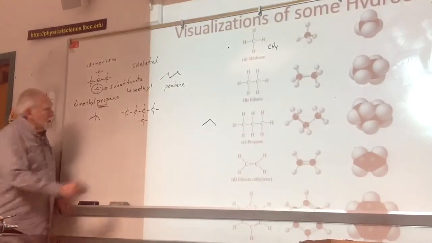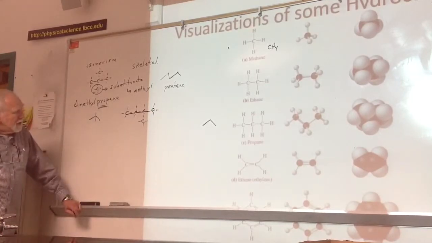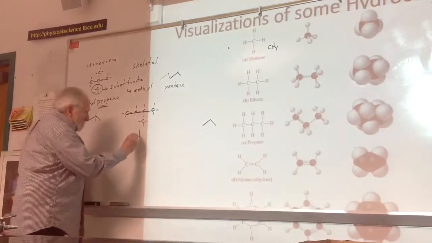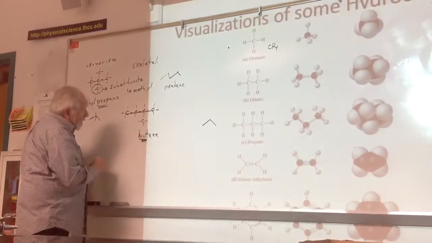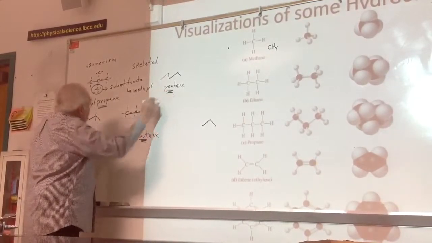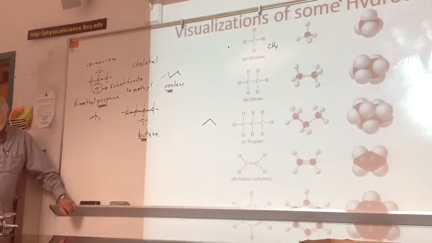Here, the longest carbon chain is BUT, so it's a butane. So the way you recognize skeletal isomers is the backbone, or the main structure of the carbon is changed. You have a different numerical prefix.